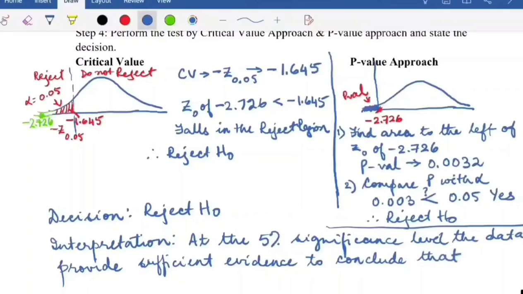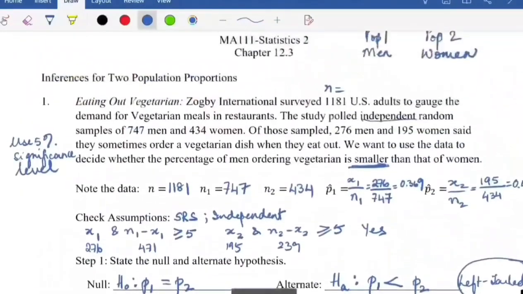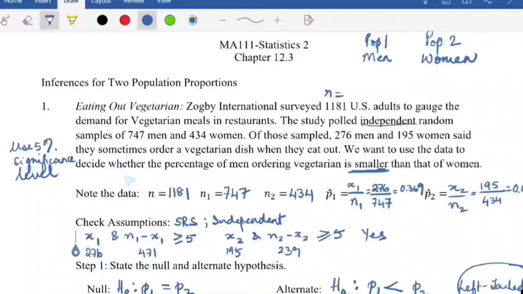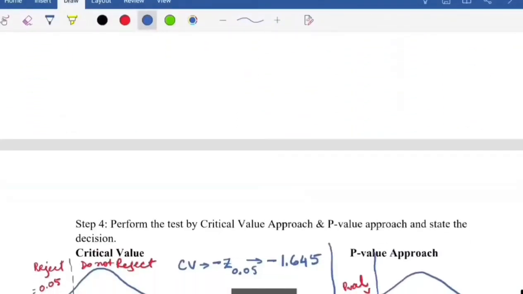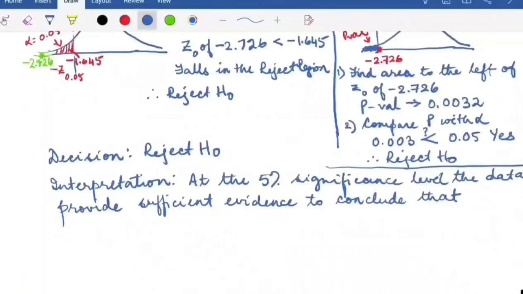that. I'm going to go back to the question to pick up the verbiage again. It says whether the percentage of men ordering vegetarian is smaller than that of women. All right, so I'm going to write to conclude that the percentage, because it said percentage in the question, I'm going to use the word percentage and not proportions. I want to answer the question exactly as they asked.